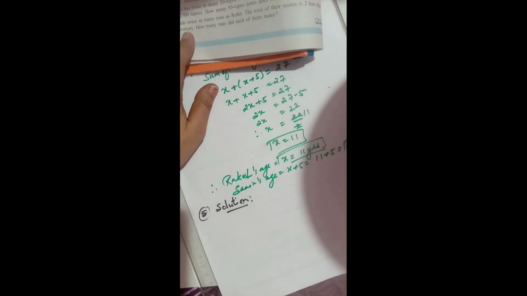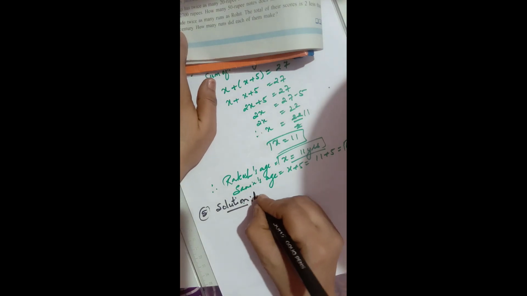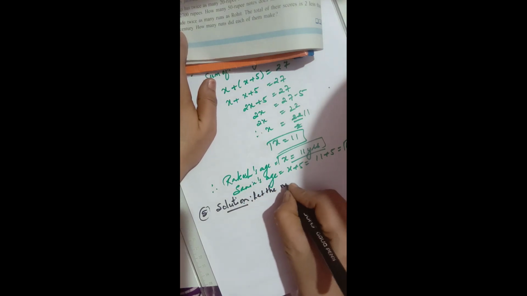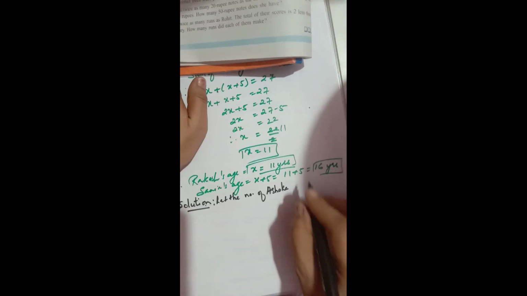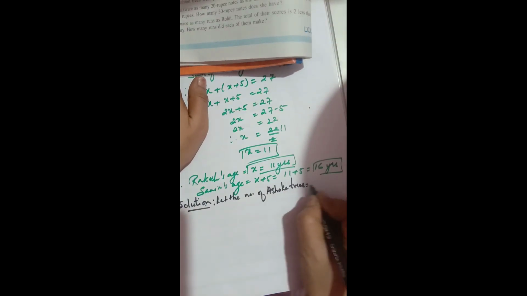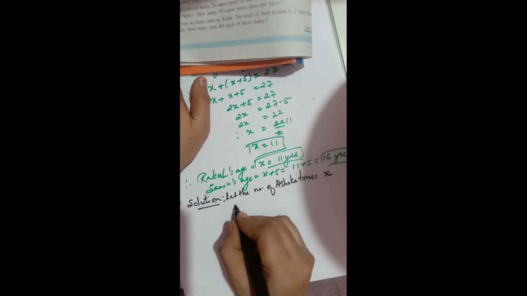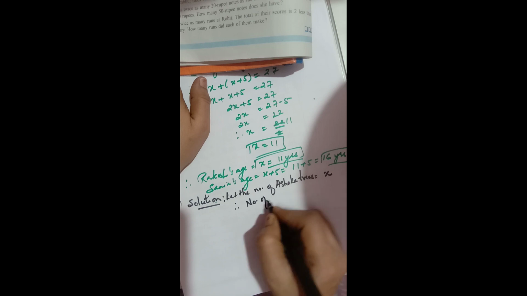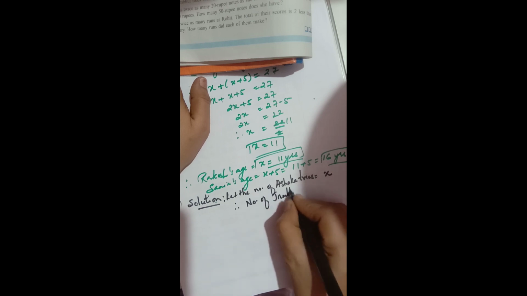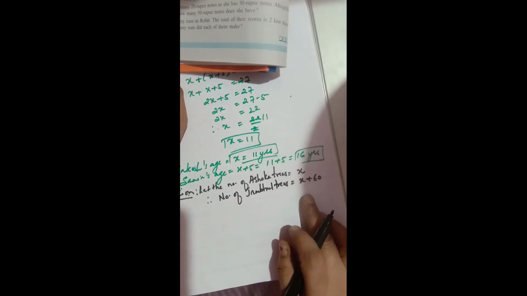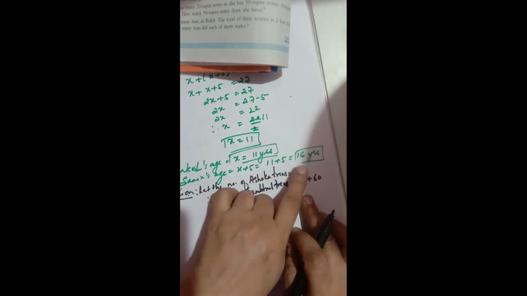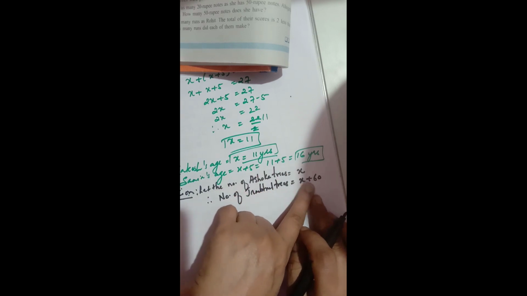Here, the number of jambul trees planted was greater than the ashoka trees, so the ashoka trees are fewer. Let the number of ashoka trees be equal to x. Therefore, the number of jambul trees is equal to x plus 60.